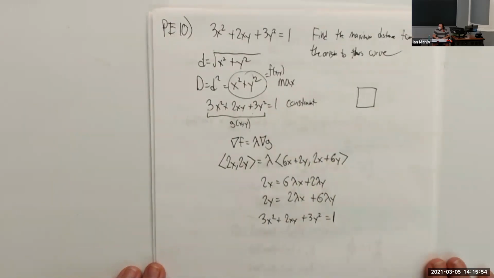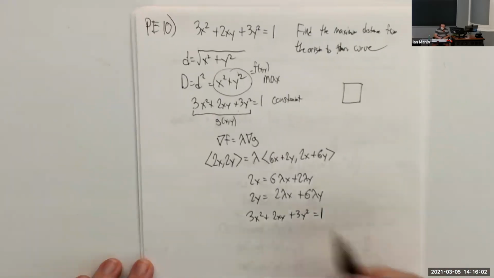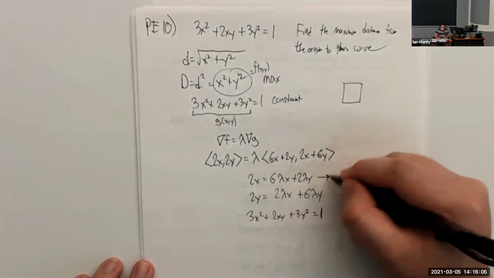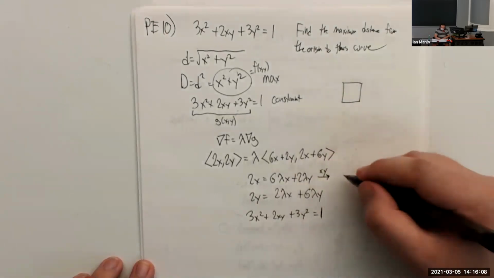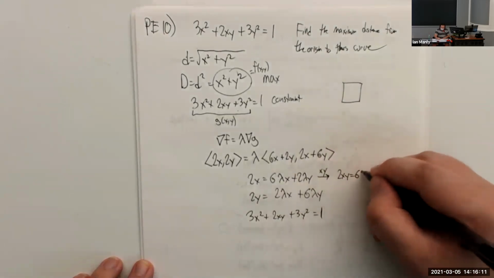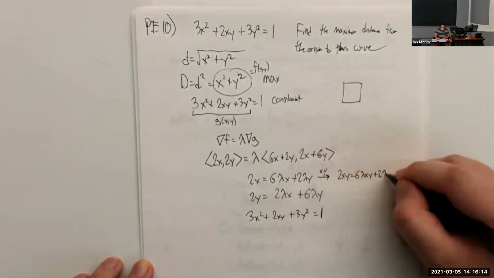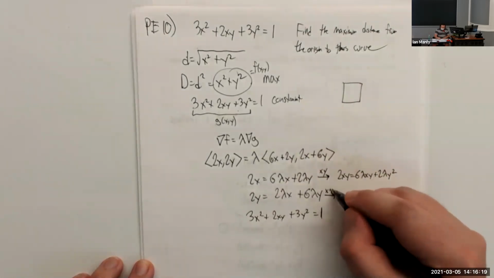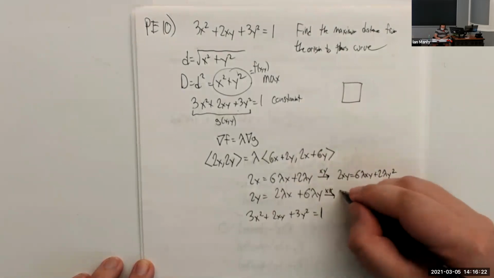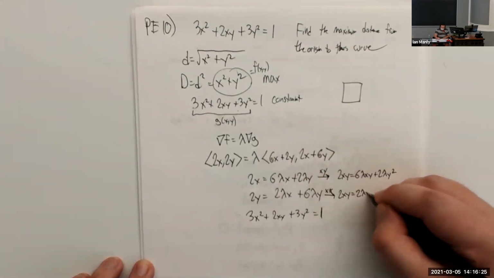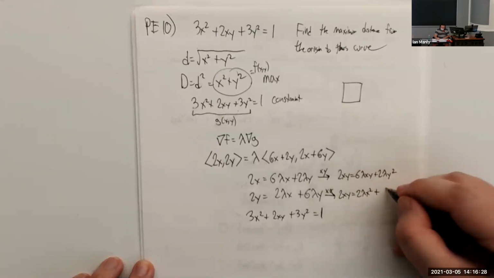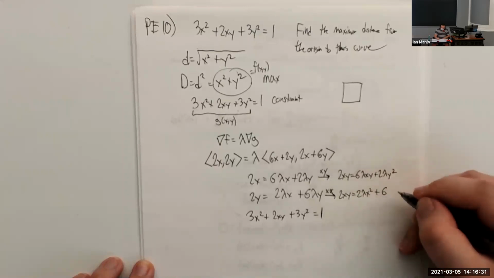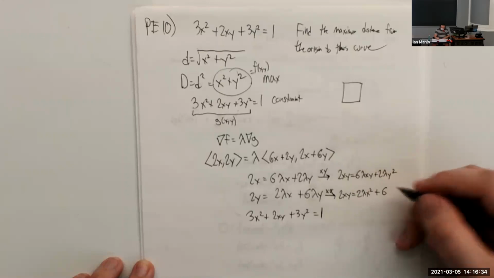All right. Now what we need to do is we need to solve this system of equations. And Tristan has the right idea here. We're going to multiply by x and y separately. So we're going to multiply this equation by y, and we're going to get 2xy is 6 lambda xy plus 2 lambda y squared. Then we're going to multiply this equation by x. So we're going to have 2xy is 2 lambda x squared plus 6 lambda xy.